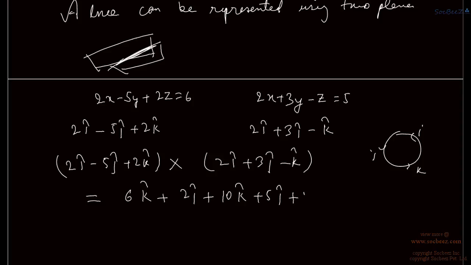Now 2k times 2i. ki is j. So plus 4j. 2k cross 3j. k times j is always equal to minus i. So minus 6i. And this is 0.